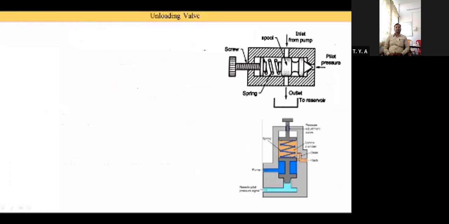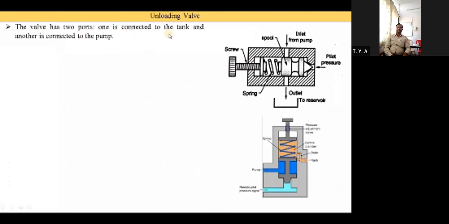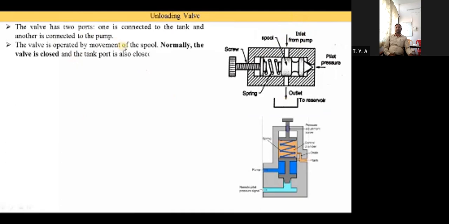Now again I use this same image for more understanding. The valve has two ports. One is connected to the tank and another is connected to the pump, as I already explained. The valve is operated by the movement of the spool.